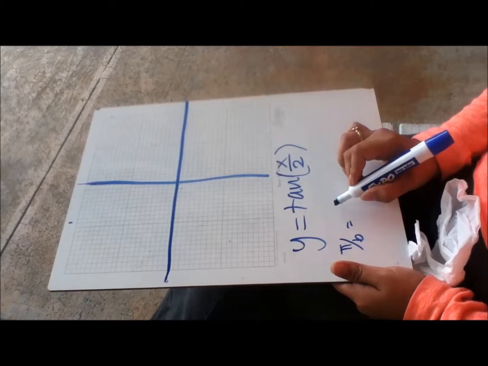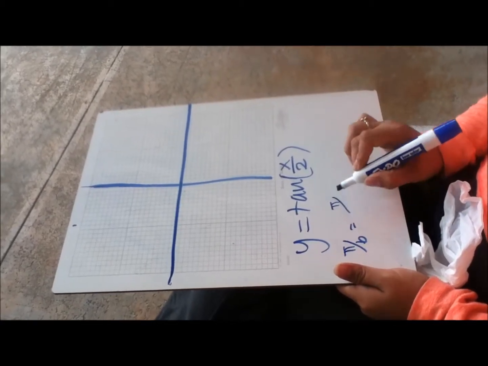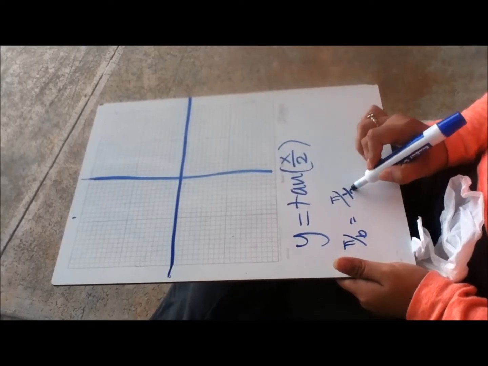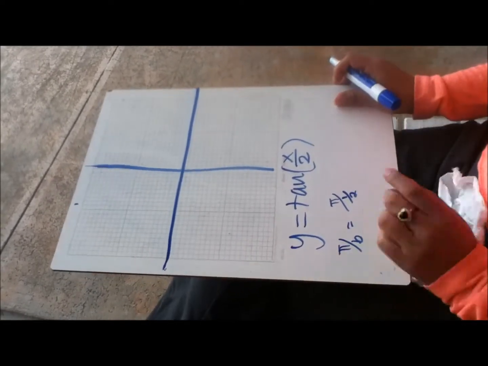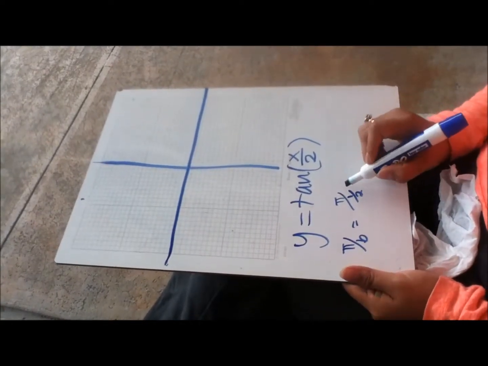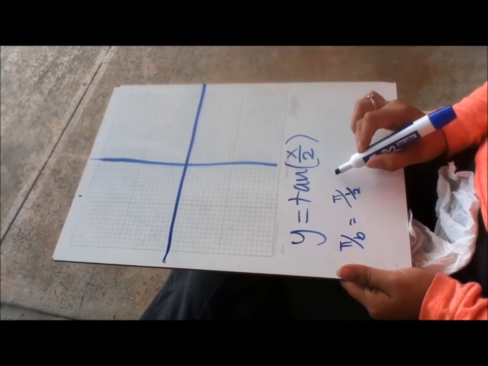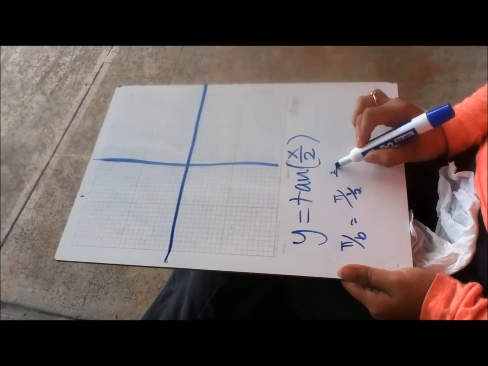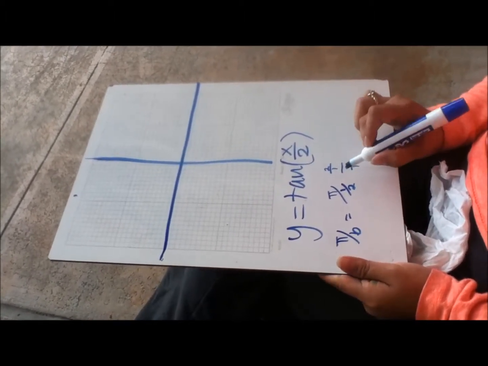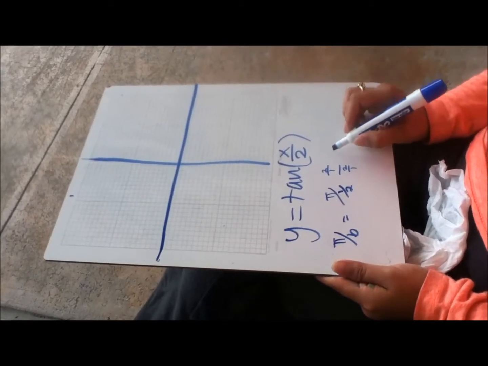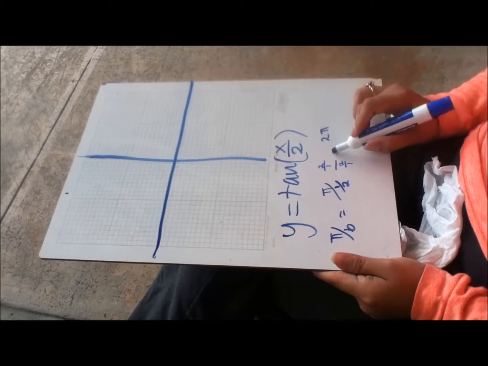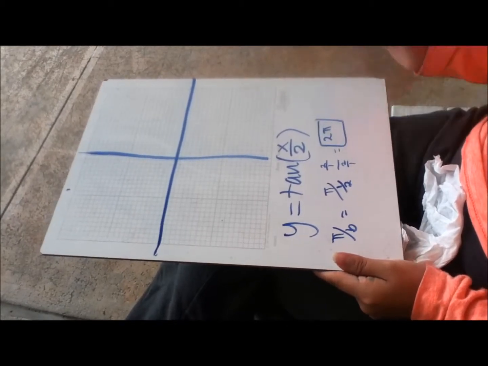So it's pi over 1, but then the 1 is also being divided by 2, so it will be pi over 1/2. And then we have to multiply it by the reciprocal so that we can simplify it. So it will be 2 over 1. So then we get 2 pi. That's going to be our period.